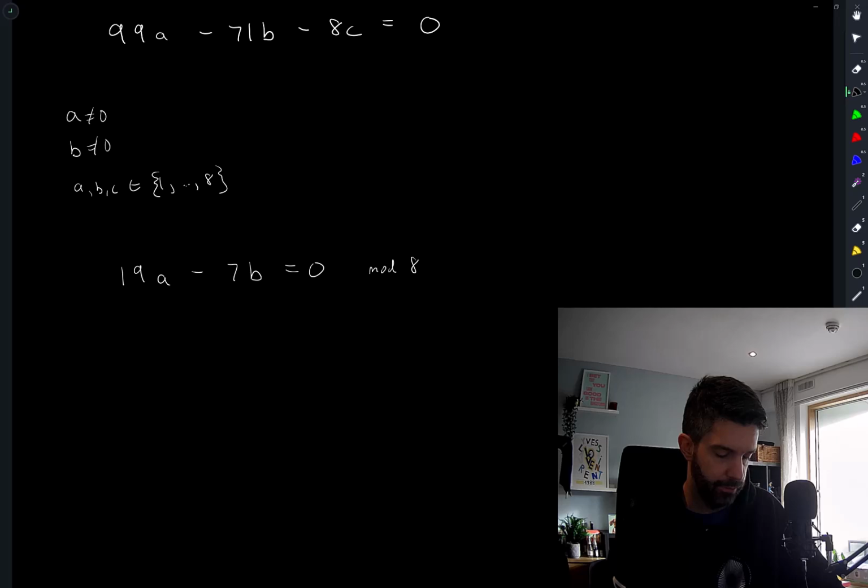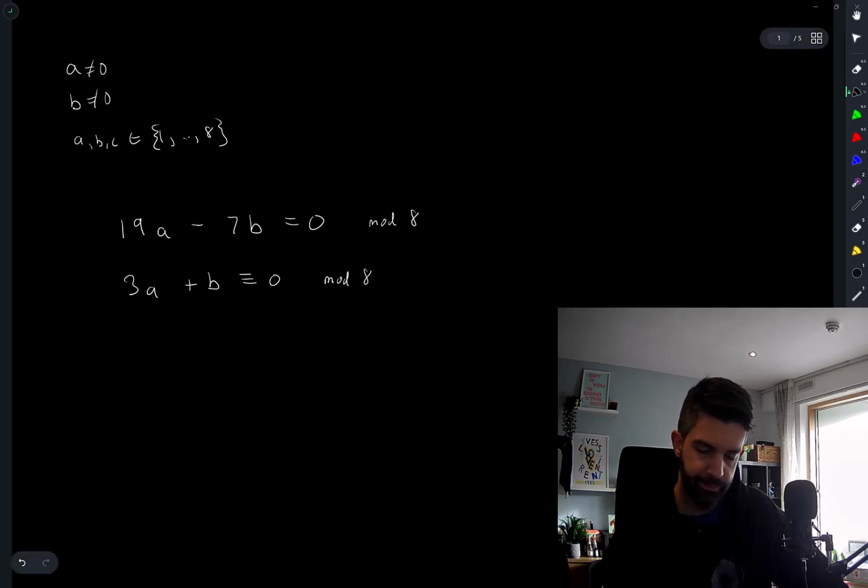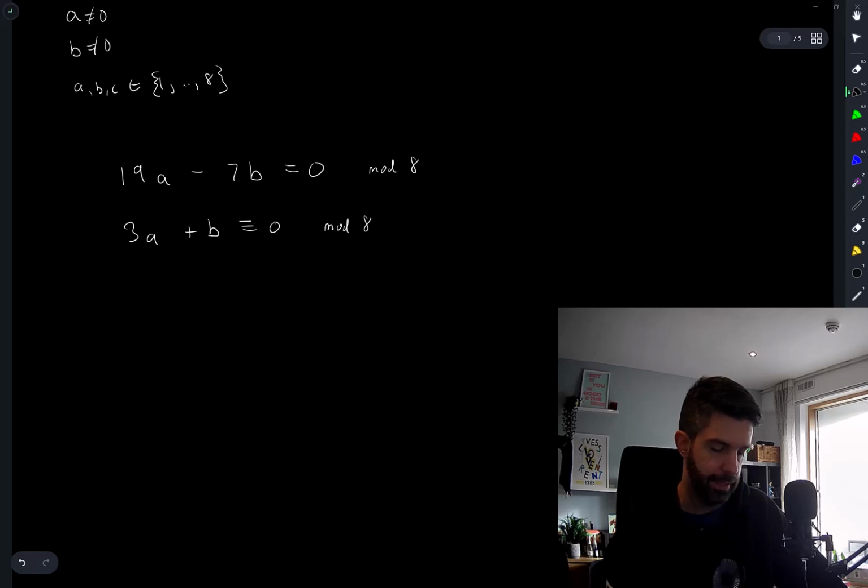And what is this? 3A. 7 is the same as -1, so this is 3A plus B is equal to 0 mod 8. So this narrows things down, right?